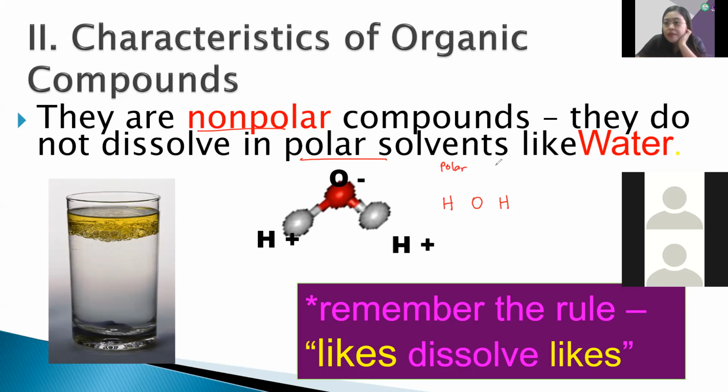When you say polar substance, class, it means that there is an unequal sharing of electrons. But when we say non-polar, just like our organic compounds, there will be equal sharing of electrons. So let me give you an example. Carbon tetrachloride. Okay. You have here a carbon. Remember, our organic compounds have carbon.